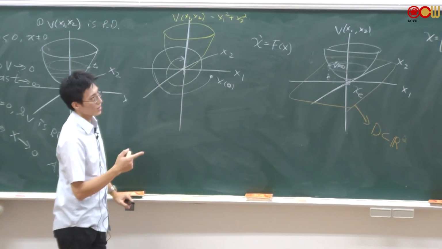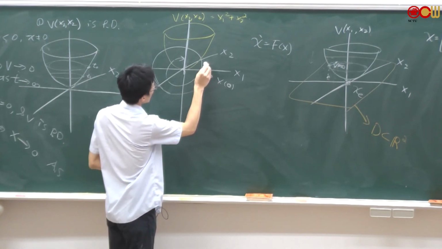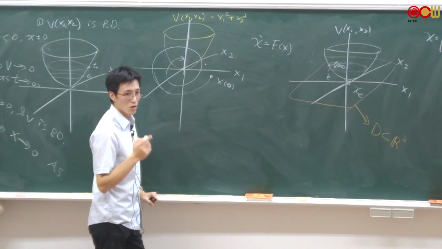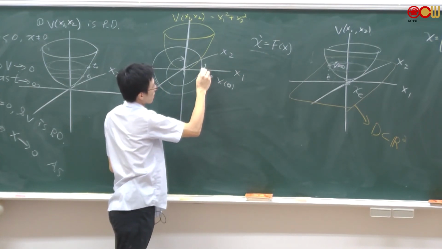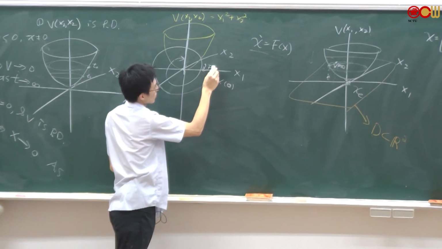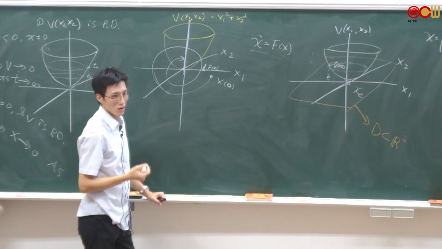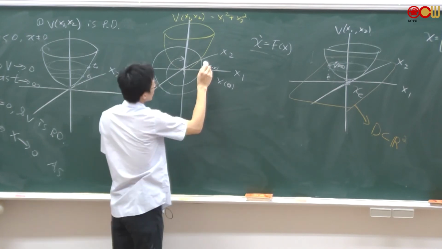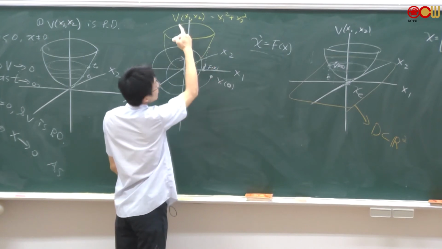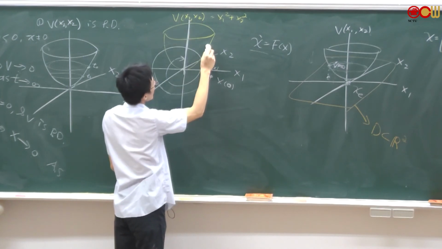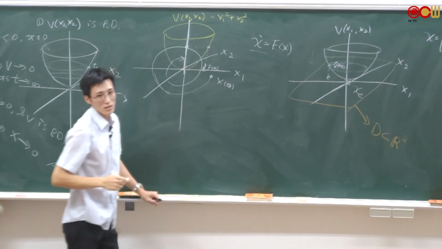And what you utilize this function for is, given any point here, and according to this vector field, there is this vector that describes the motion of this state at this location. If you project or substitute into this function, you will get a V value, which is on this z-axis.